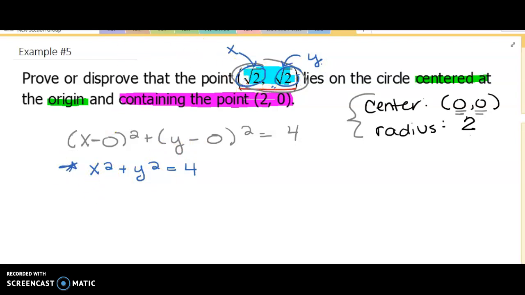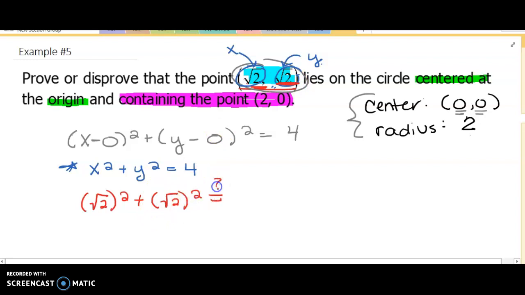Square root of 2 squared, plus for y, square root of 2 squared equals, I'm going to put a question mark, 4, because we don't know if they're equal or not. If they are equal, it lies on the circle. If not, it doesn't. Square root of 2 squared is just 2, plus square root of 2 squared is 2. Does that equal 4? Yes, it does. So we've just proved that it lies on the circle.